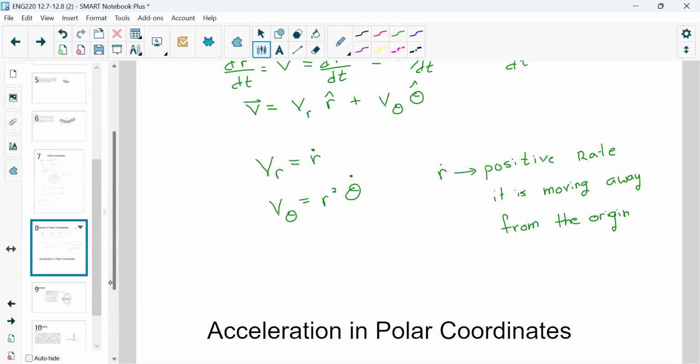It's moving towards the origin. So if R dot comes out to be negative, then it's going towards the origin. Does it become positive if it goes through the origin? Yes. Okay.